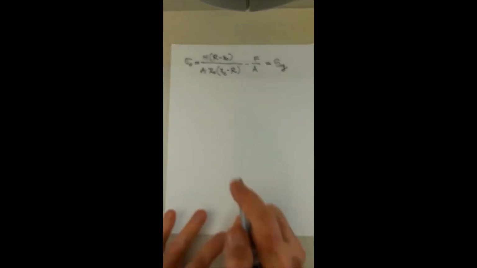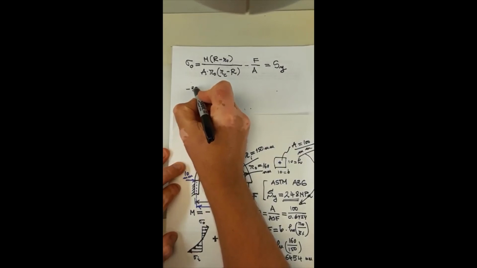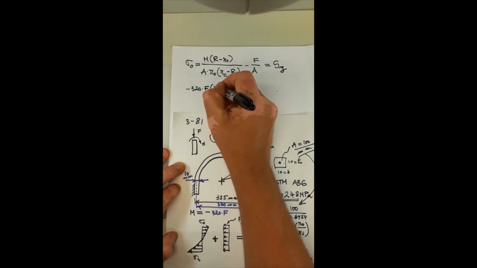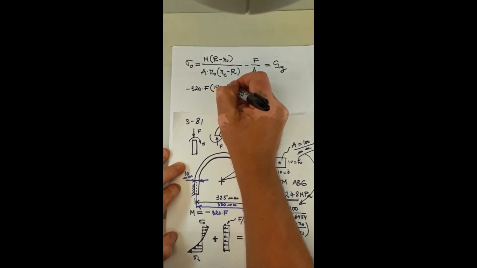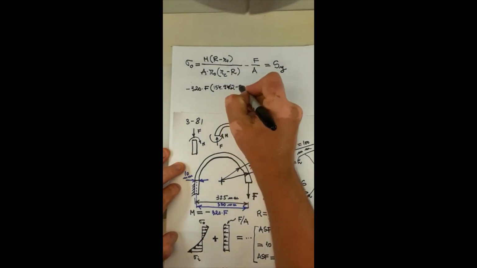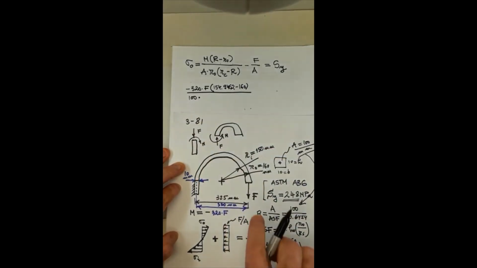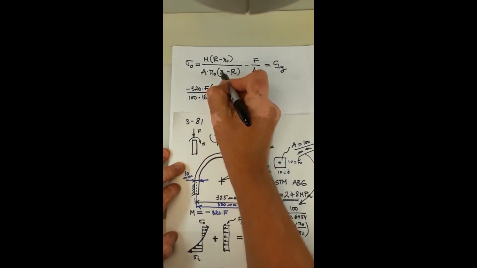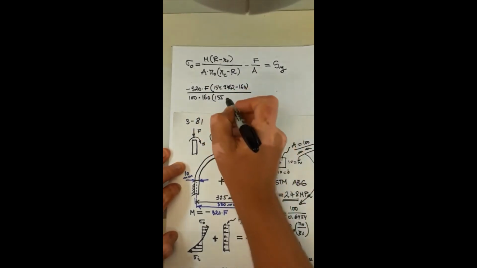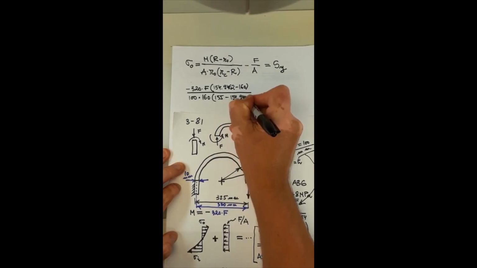So, let's see what I have. There is negative 320 times F, and I have capital R was 154.9462 minus outer radius 160, and then over area, cross section is 100, outer radius 160, radius to the centroid 155, and then negative capital R, 154.9462.